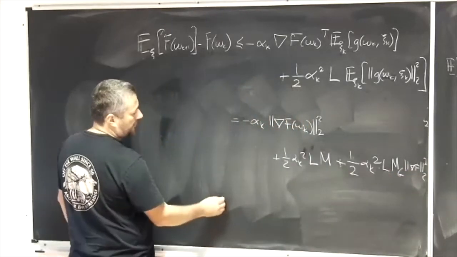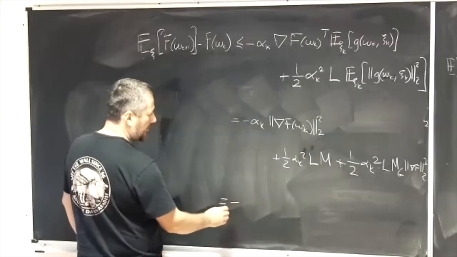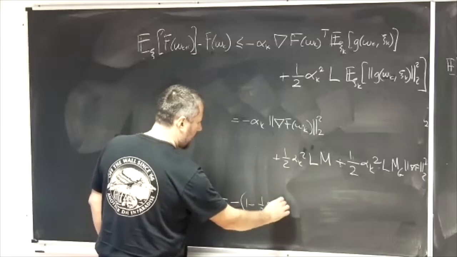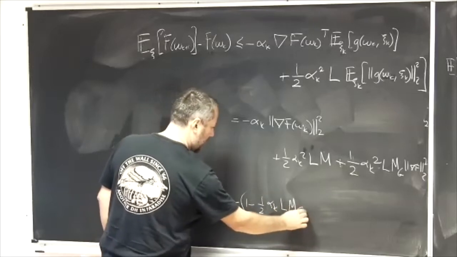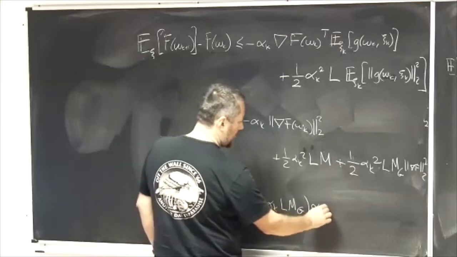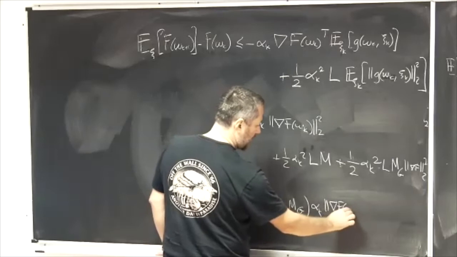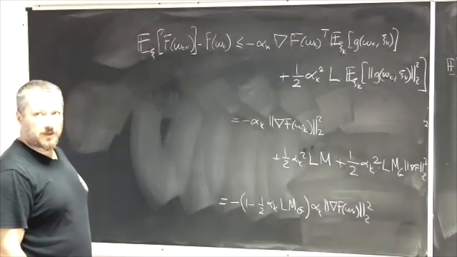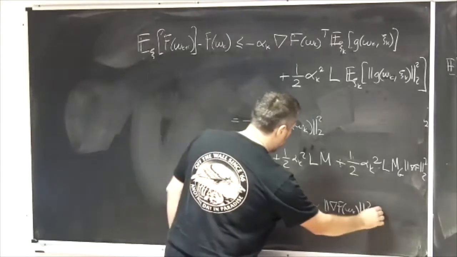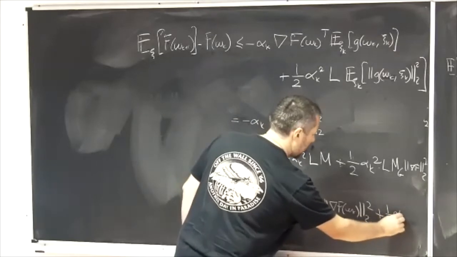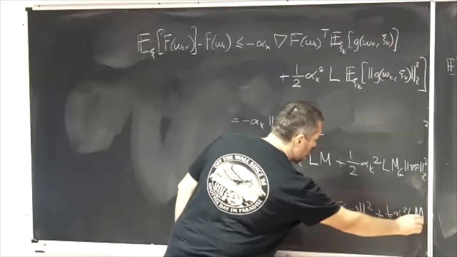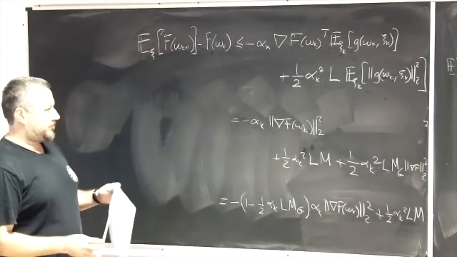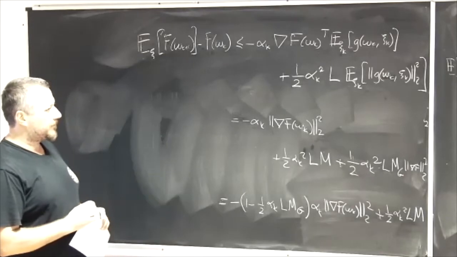And if you rearrange this, you just get negative 1 minus 1 over 2, I take one alpha k out, times this term with the norm of the real gradient. And then plus 1 over 2 times alpha k squared L m. So it's just calculus and a little probability.